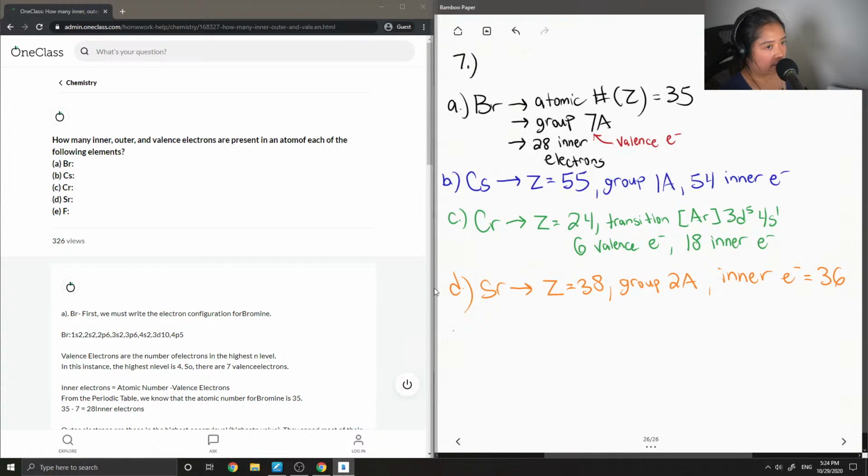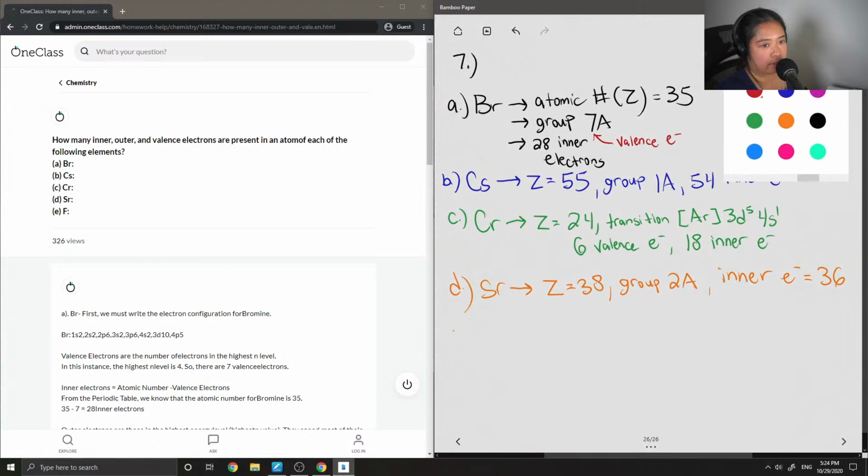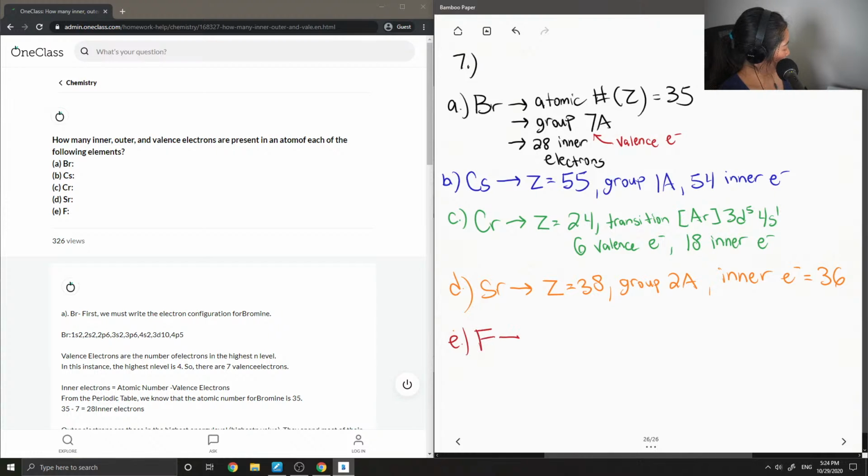And then our last option, which is fluorine. Its atomic number is just 9. It's in group 7A. So it has 7 valence electrons. But this time it only has 2 inner electrons.